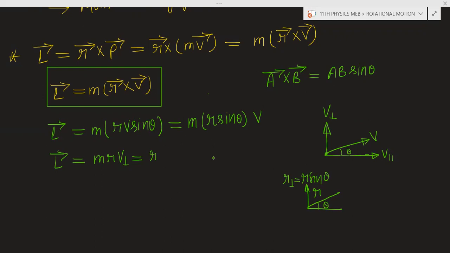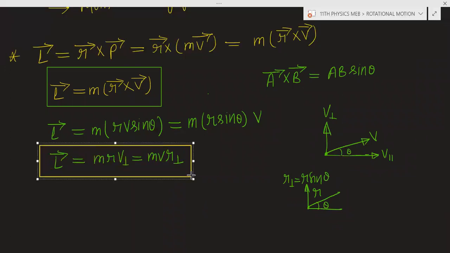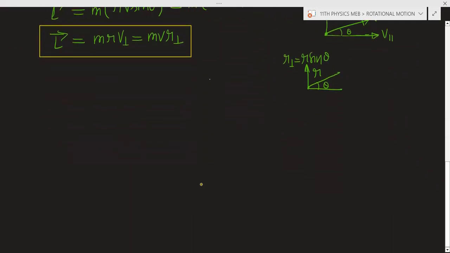So you can write m into r perpendicular into v, or simply mv into r perpendicular. According to the requirement, we will use this formula. I will solve numericals, then you will understand.